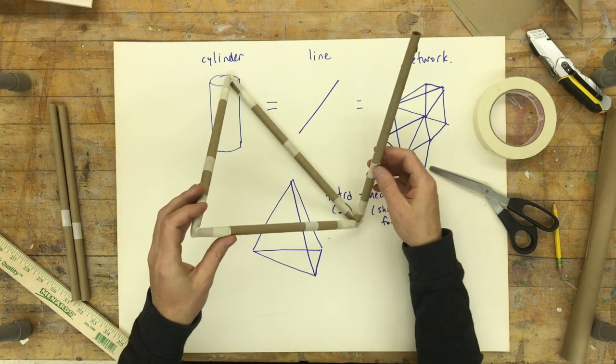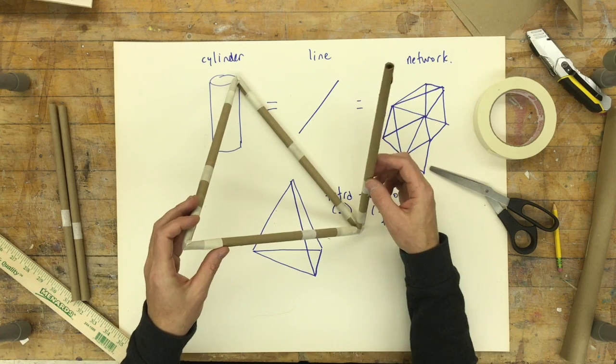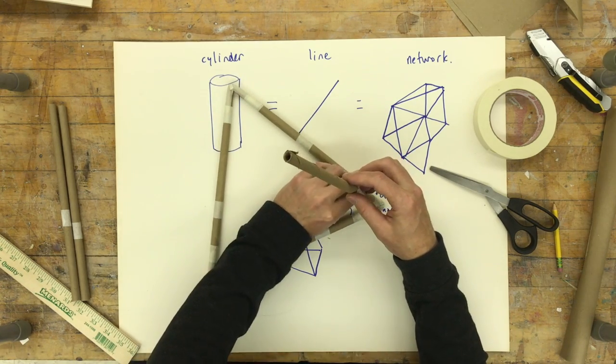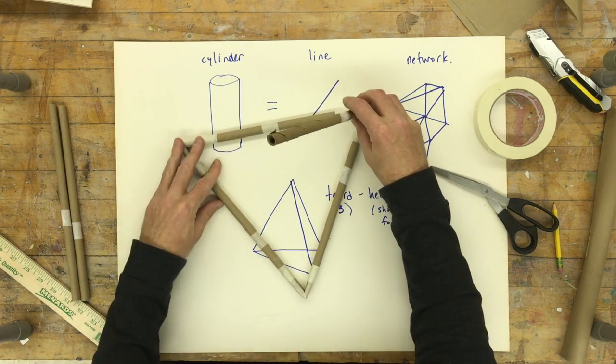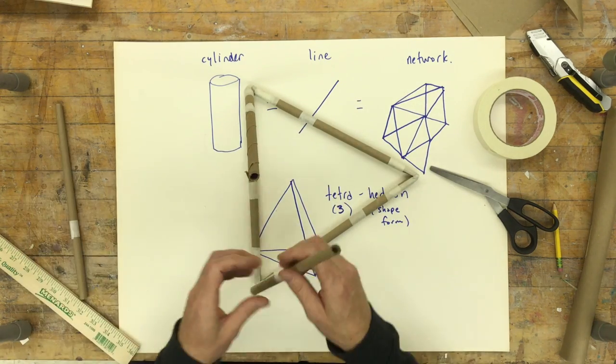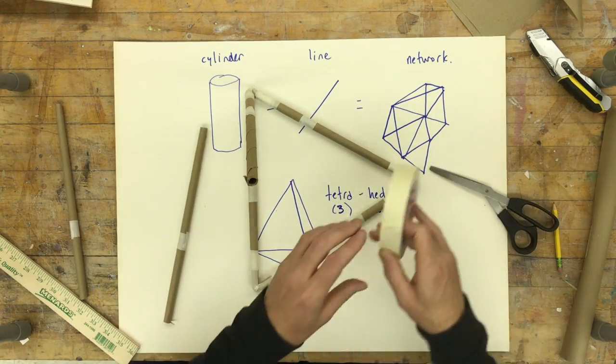So initially, this is very floppy, not very strong, but it should be strong enough to support itself there. So we'll get our number 2 in place and then our number 3.